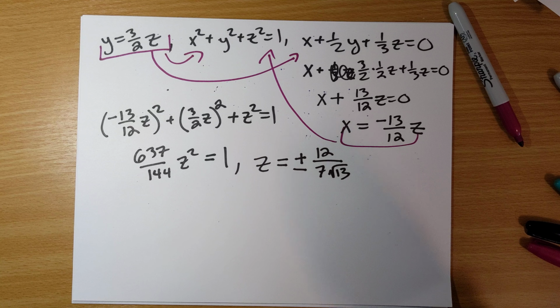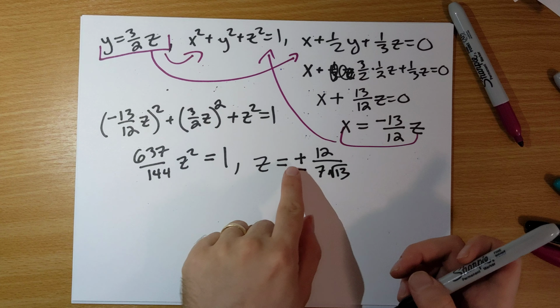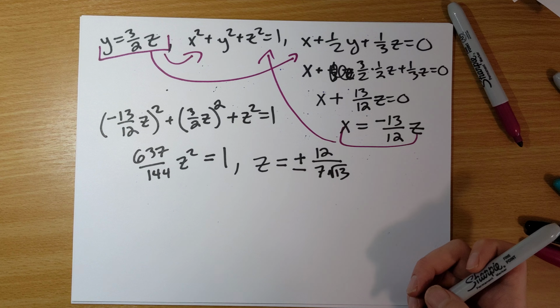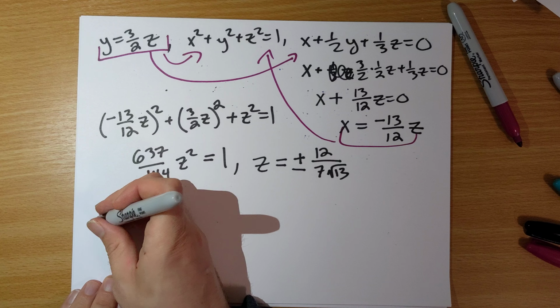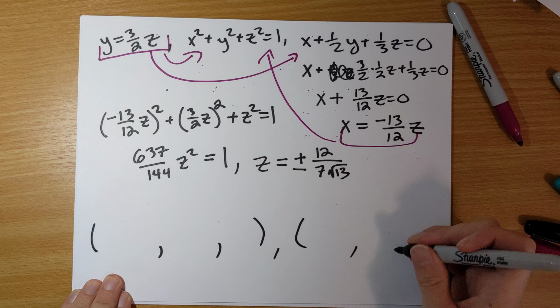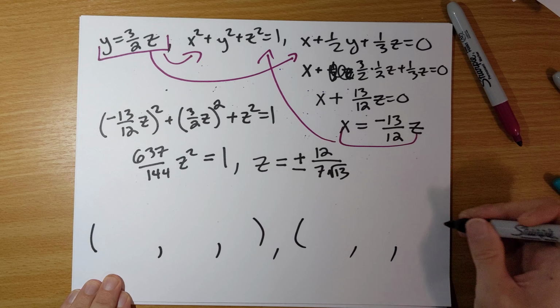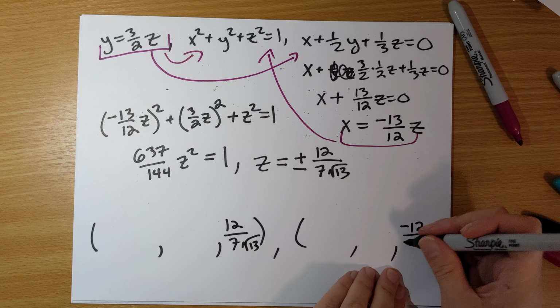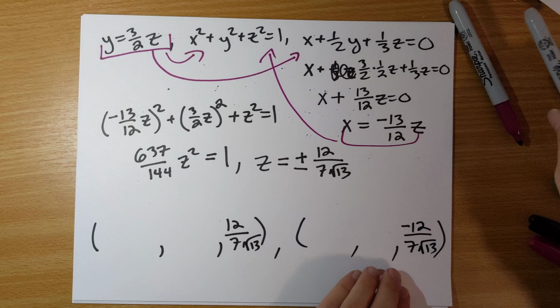So we have two critical points. One is when z is 12 over 7 times square root 13. The other is when z is negative 12 over 7 times square root 13.